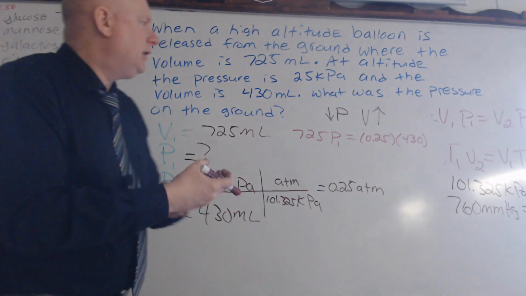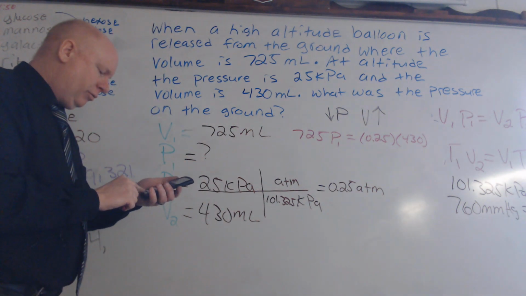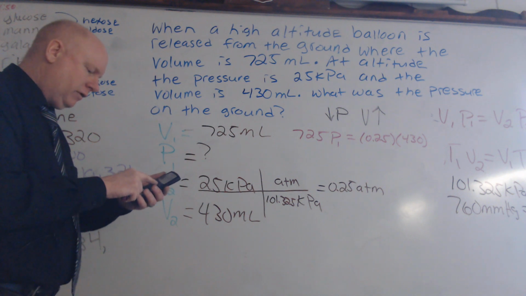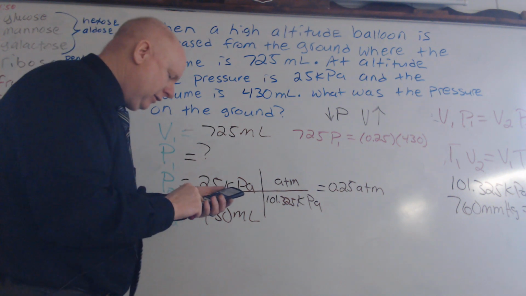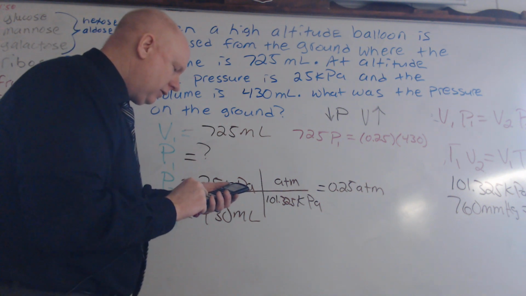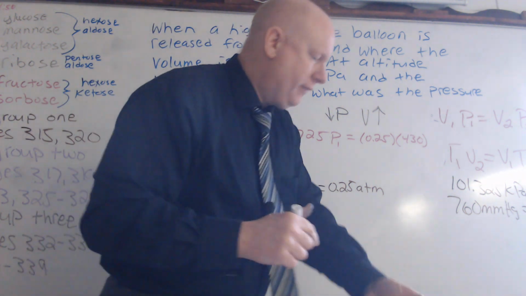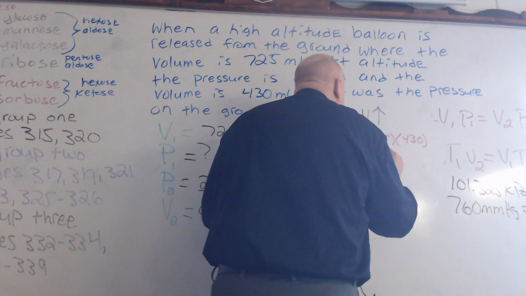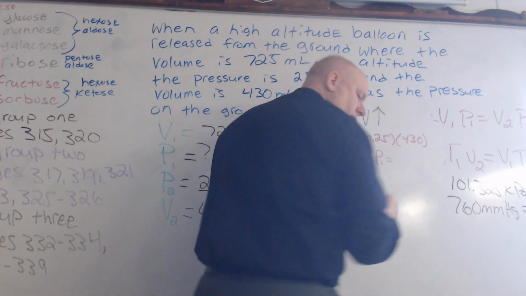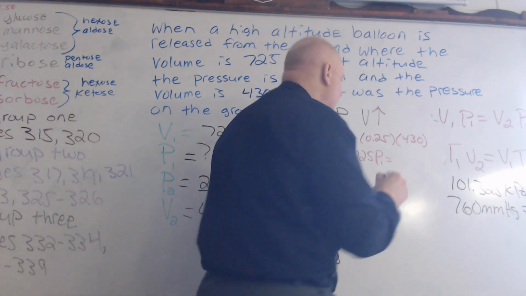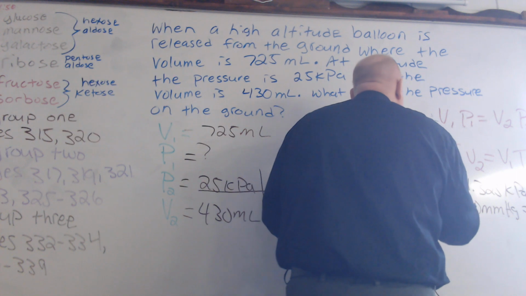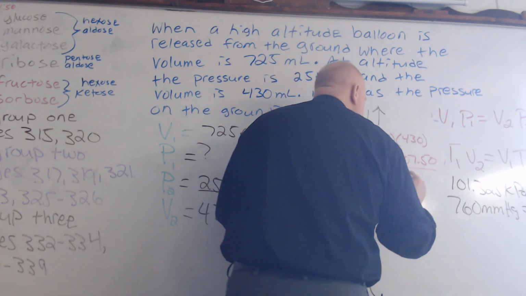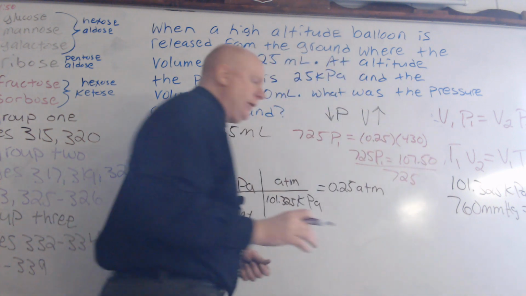And then you multiply those two. In this case, 0.25 times 430, not 460, gives us 107.5. Of course, to get pressure 1 by itself, divide each side by 725.